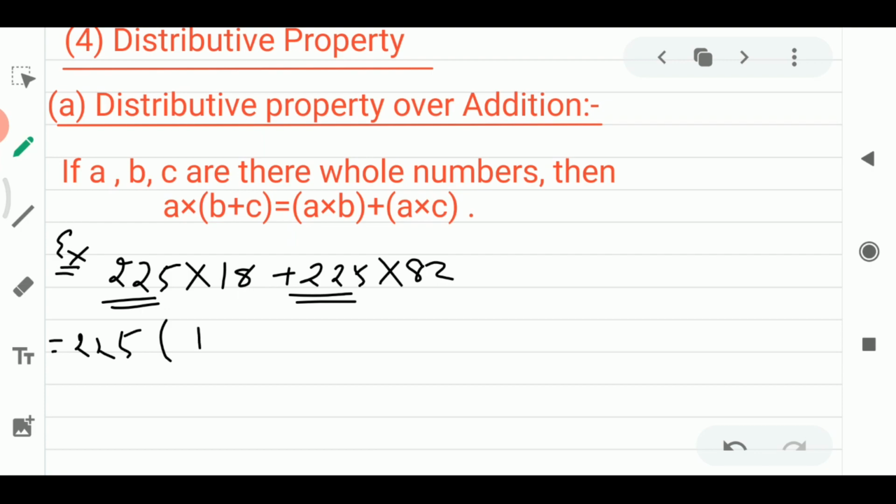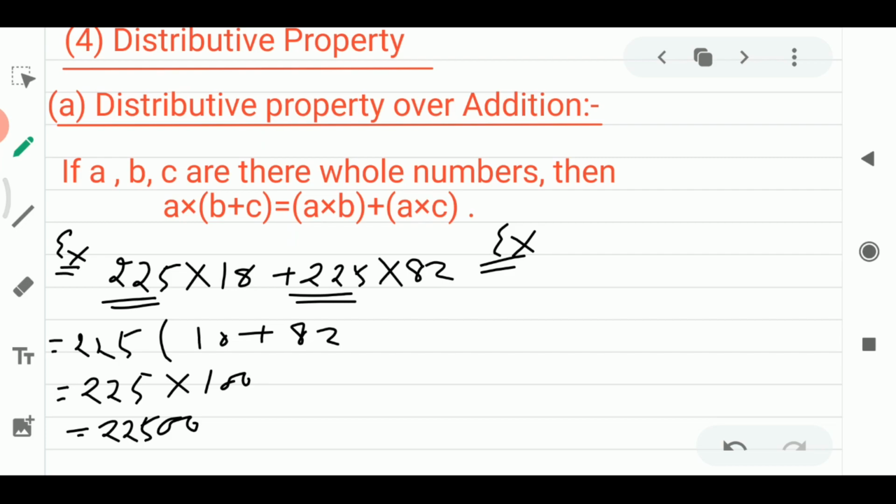It will be 18 plus 82. Now 225 into 100 is equal to 22,500.